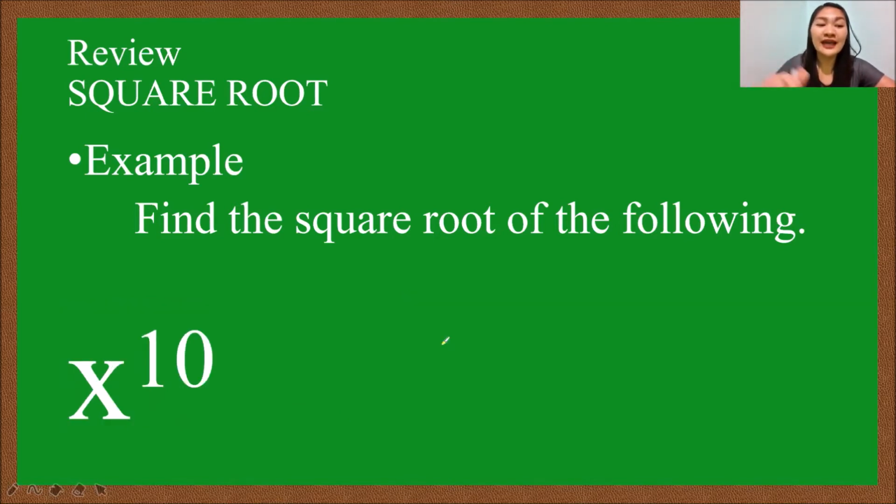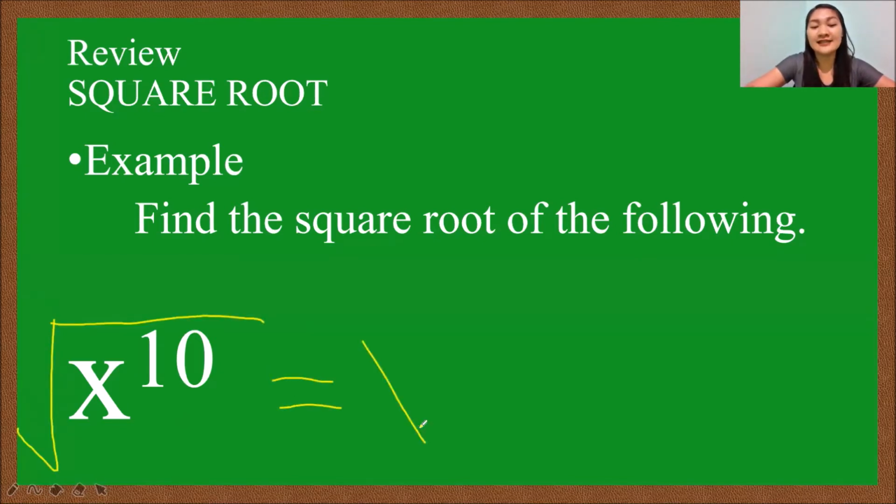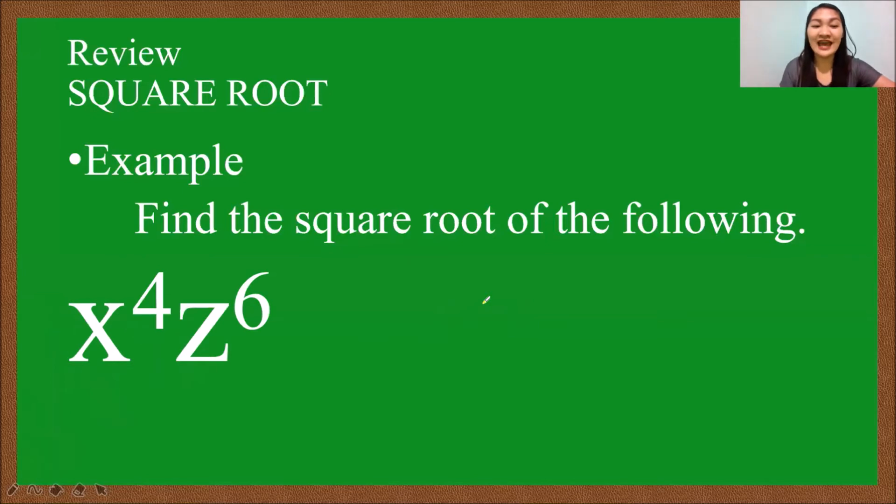And then, we have the square root of x raised to 10. So, we have x, we just divide 10 by 2, that is equal to 5. So, the square root of x raised to 10 is x raised to 5. Next, we have x raised to 4, z raised to 6.